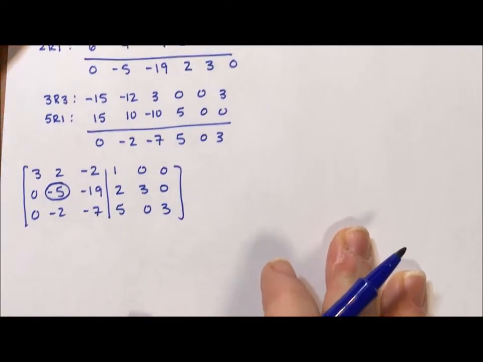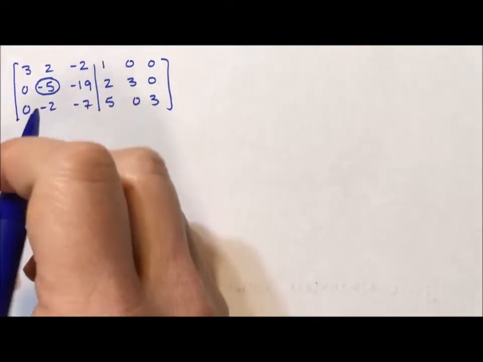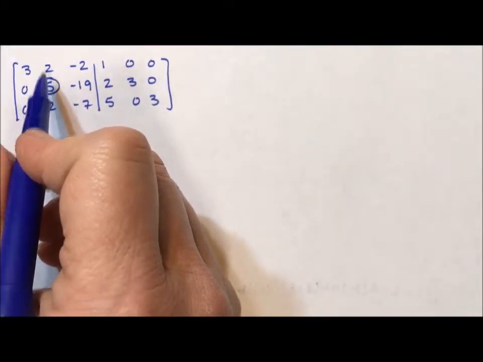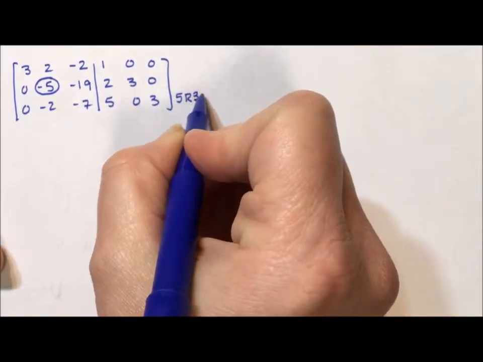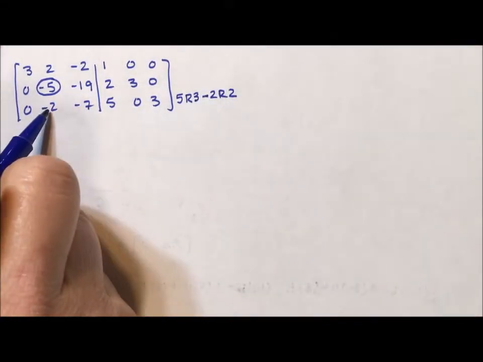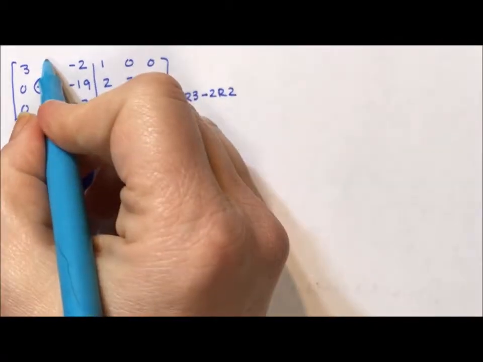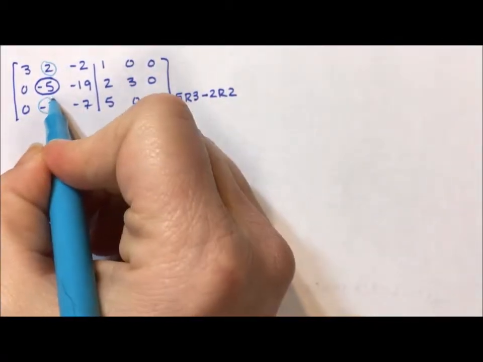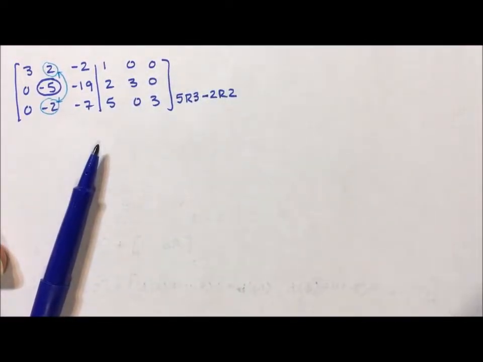Okay, so I'm going to do something, I guess, a little bit different in that usually I use this -5 to eliminate everything. So I would say 5 times row 3 minus 2 times row 2, this 5 coming down, the 2 going up, and we eliminate. But because I have this unique situation where I have a 2 and a -2, equal but opposite, as long as you only do this once, you can go outside of your pivot.